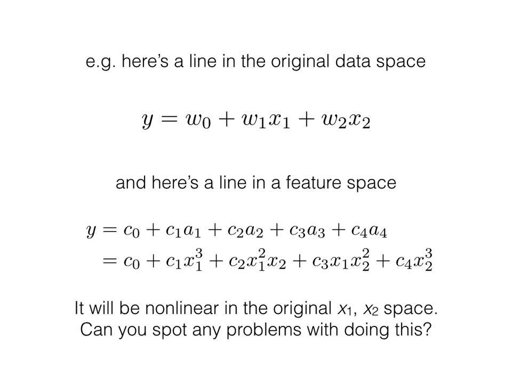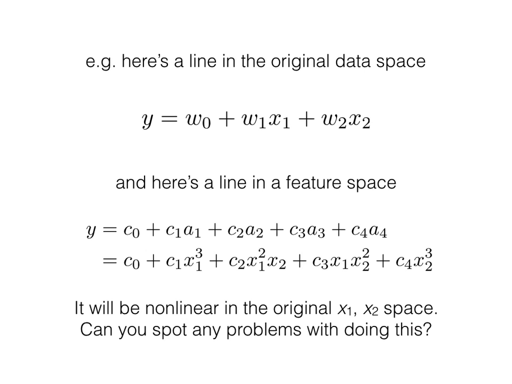And if we had a line in feature space, then we would have y equals c0 plus c1a1 plus c2a2 plus c3a3 plus c4a4. So it's just a constant times the attribute value. Now if we replace the a values back with the x values, you can see that the line in the feature space, in terms of the data space, is a polynomial.